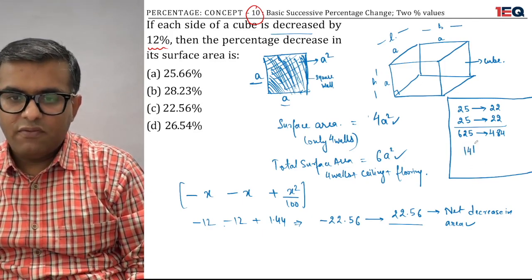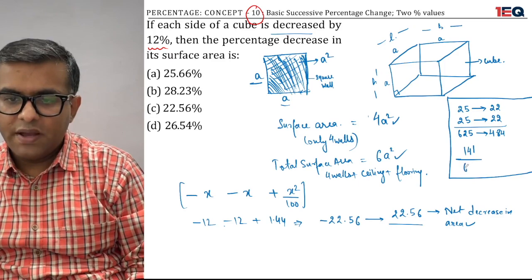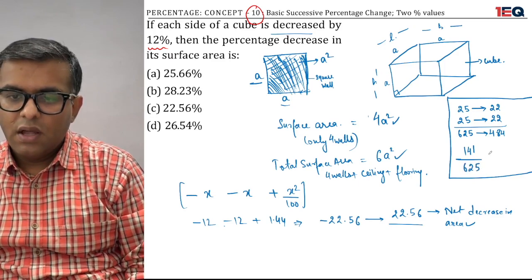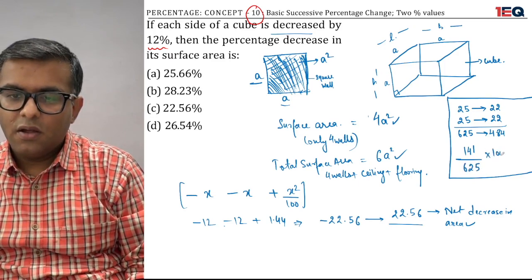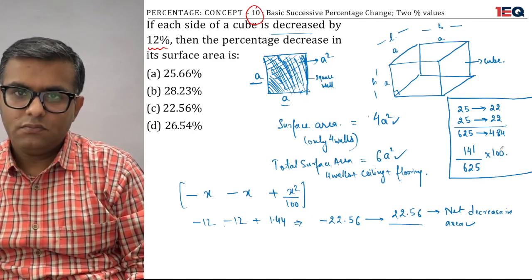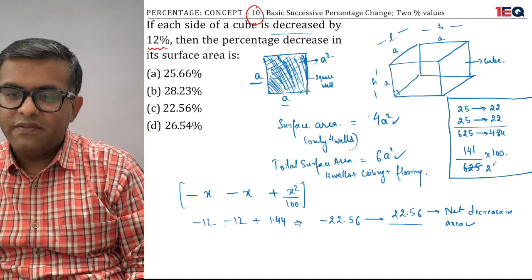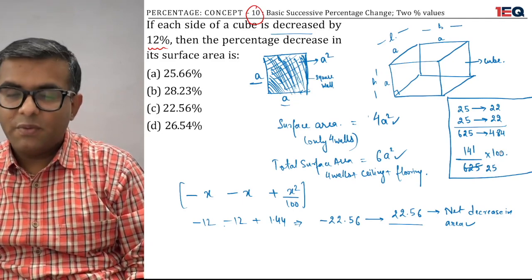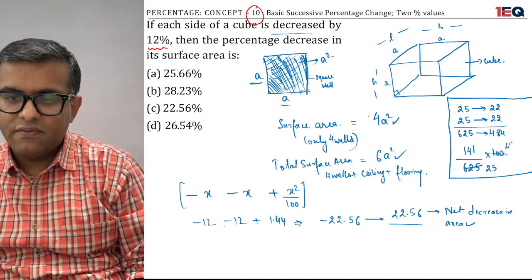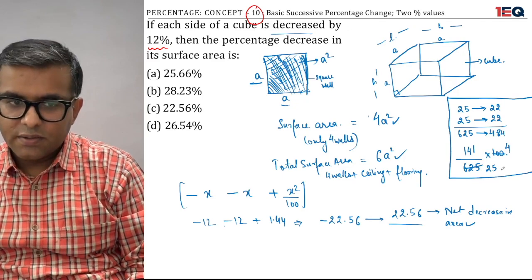This 141 would be divided by 625 and multiplied by 100. Okay, 25 25s are 625, and 25 fours are 100.